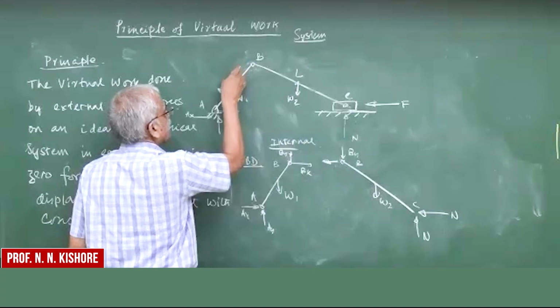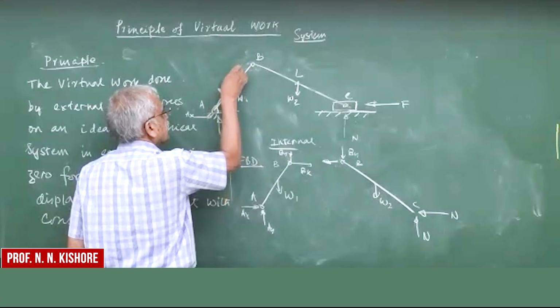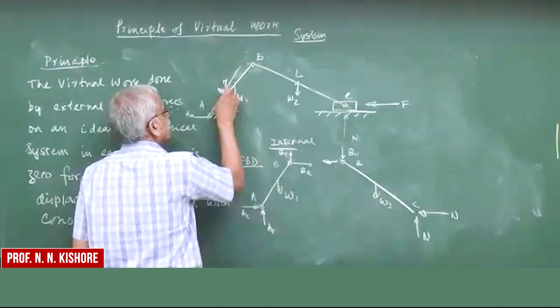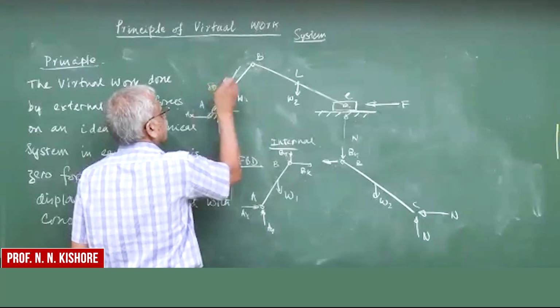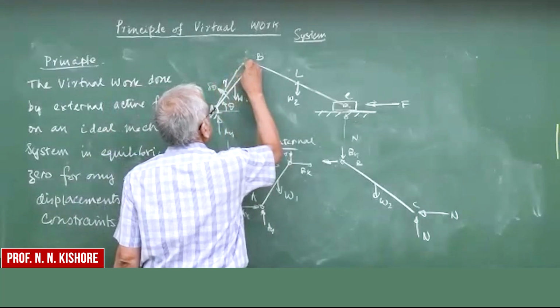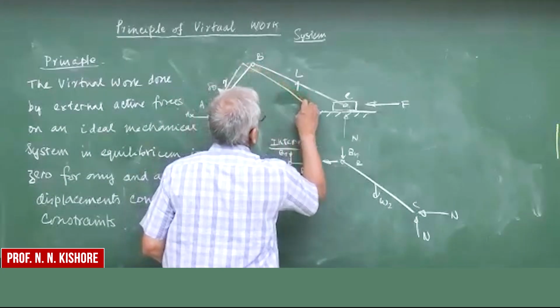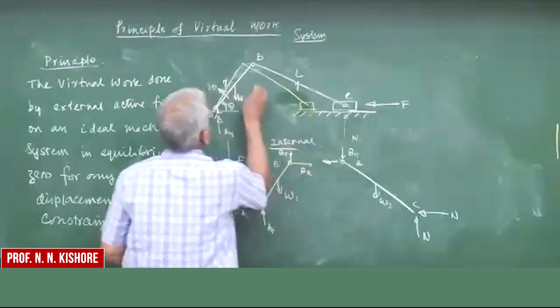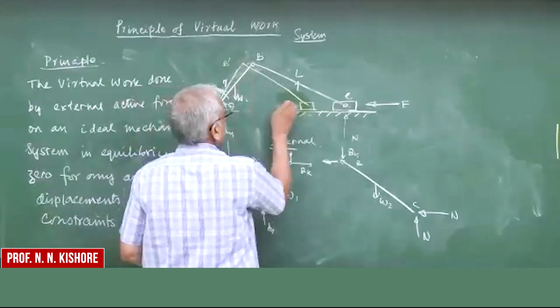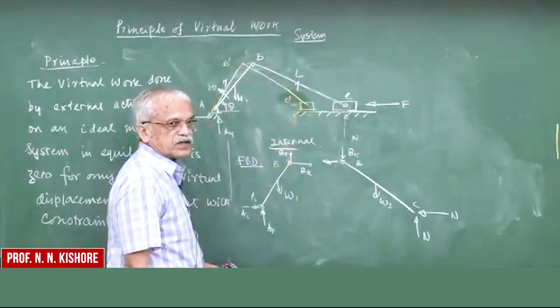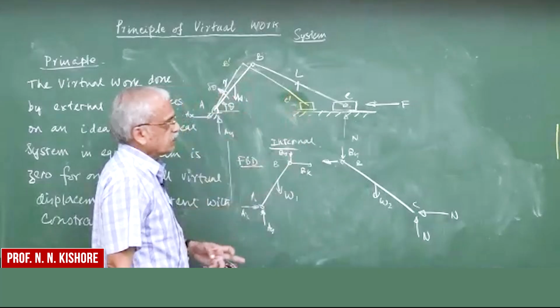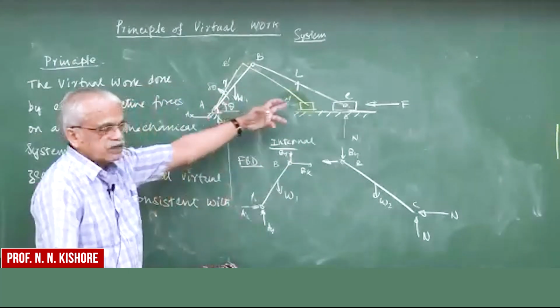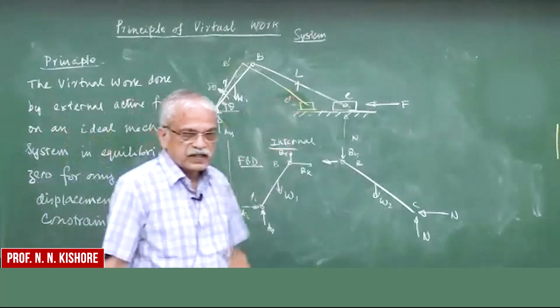Let us say if this is theta, then this part is delta theta. So B moves to B prime and C moves to C prime here. Obviously, some of them will do positive work, some of them will do negative work.